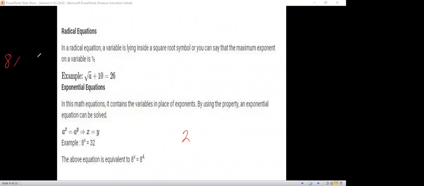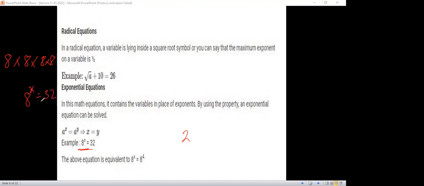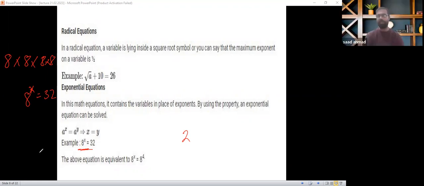I thought you were talking about square roots. My bad. No, it's the multiplications, but it's like 8 to the power x equals 32, like that. So it means we need to know what power x should be. 8 to the power of 2 is 64. Yes, so it's not 8 to the power of 2 actually.